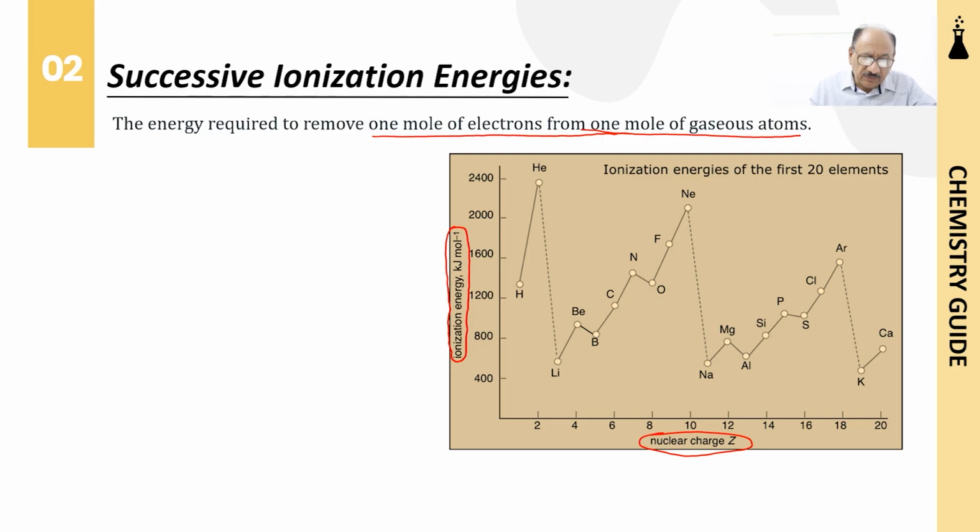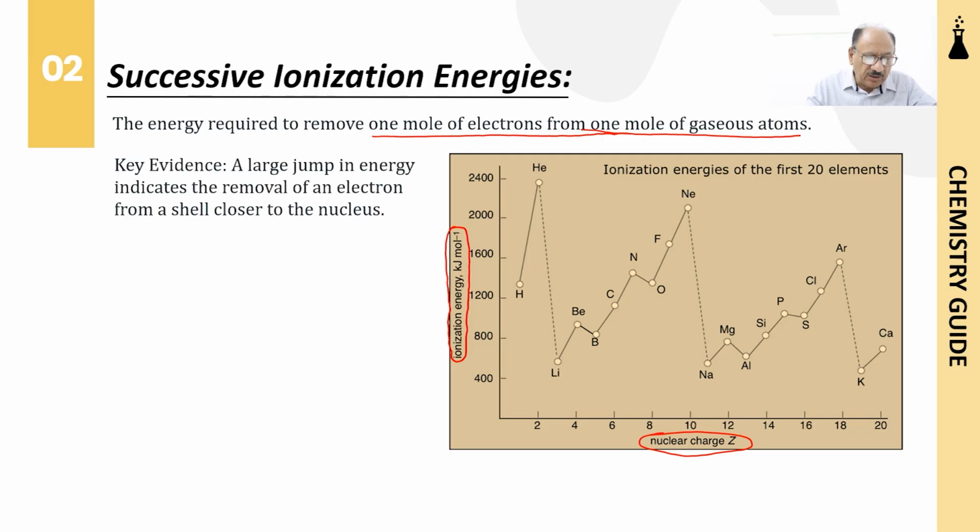First of all, the key evidence: a large jump in energy indicates the removal of an electron from a shell closer to the nucleus. Similarly, hydrogen has only 1 electron, so lesser energy is required, up to around 1300.